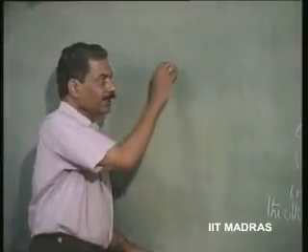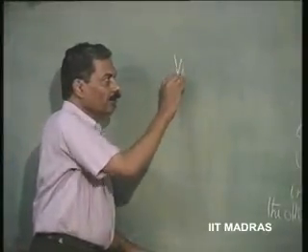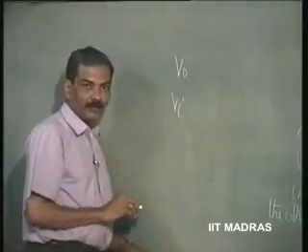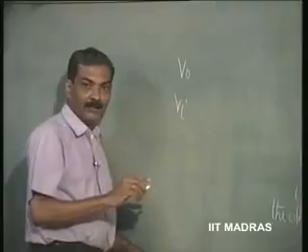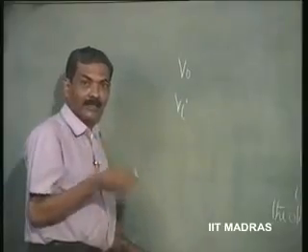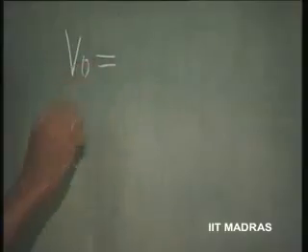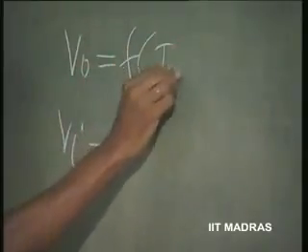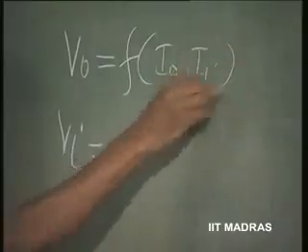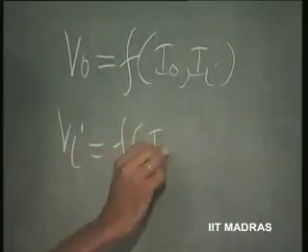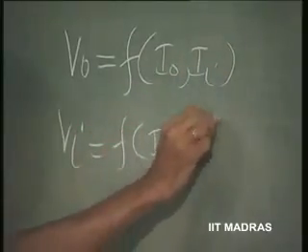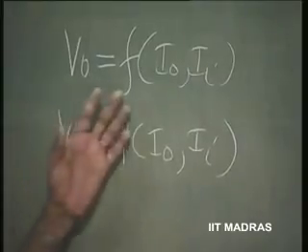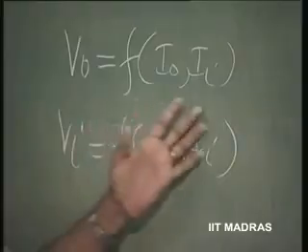I am considering that Vo and Vi are dependent variables. They are dependent upon Io and Ii. That means they are functions of Io and Ii. This is any function.